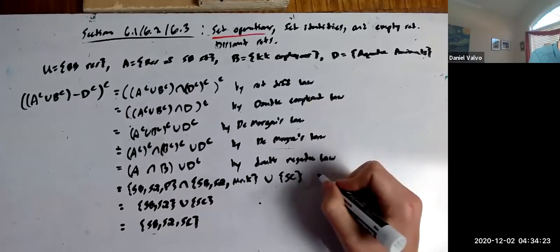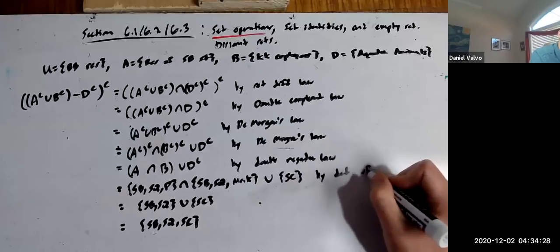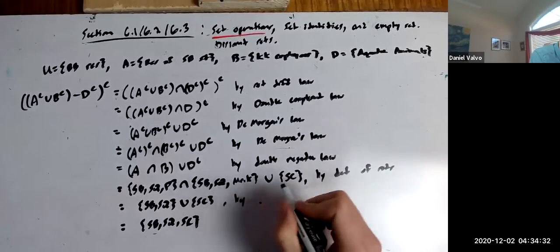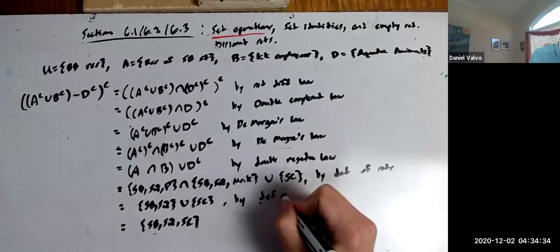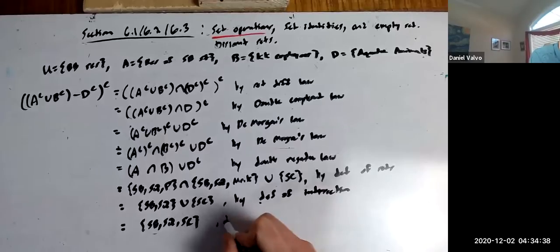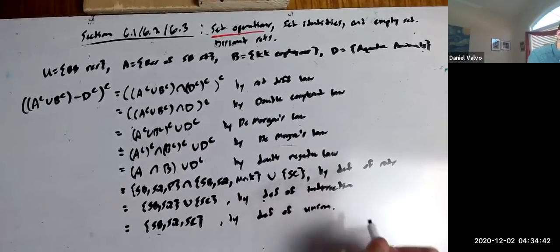And here I'll just say, by definition of the sets. This is by definition of intersection. And this is by definition of union.